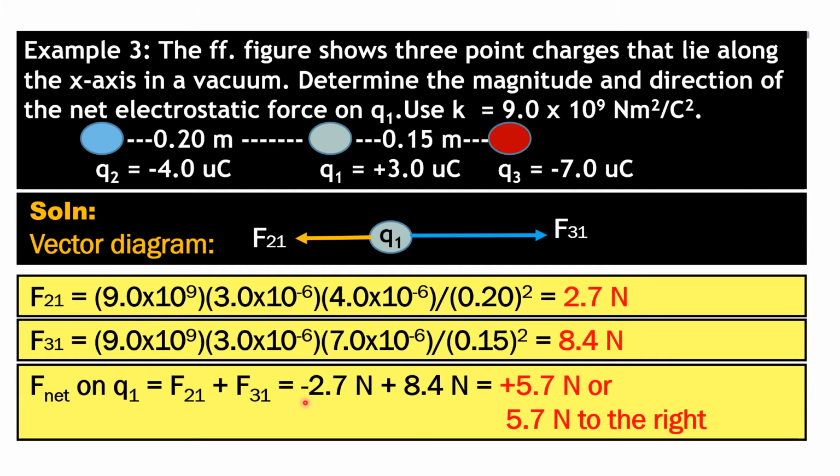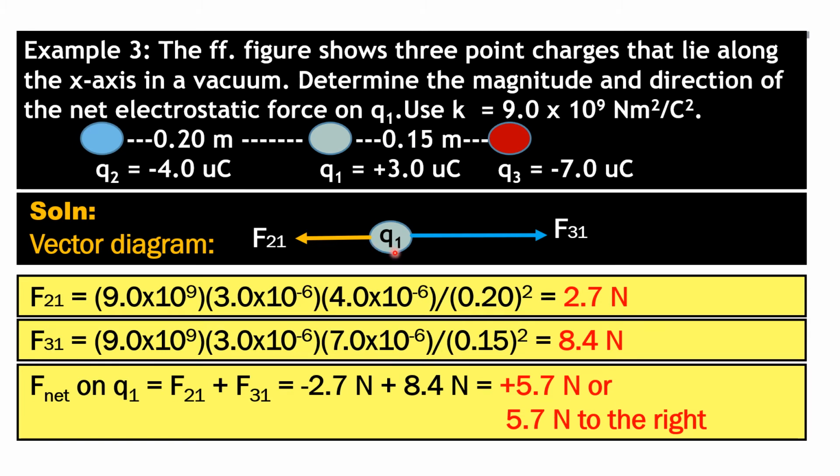These two force vectors have to be indicated with their correct direction. To the left means negative, to the right means positive. And negative 2.7 newtons plus 8.4 newtons will give us, of course, a net force equal to positive 5.7 newtons, or simply 5.7 newtons directed to the right.